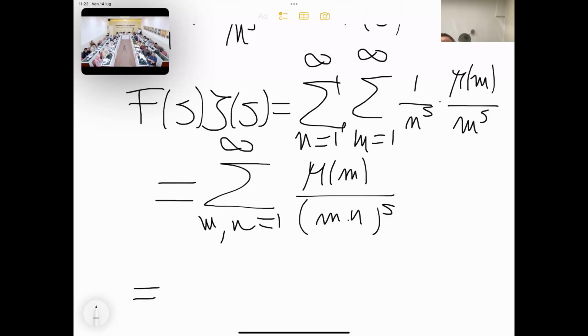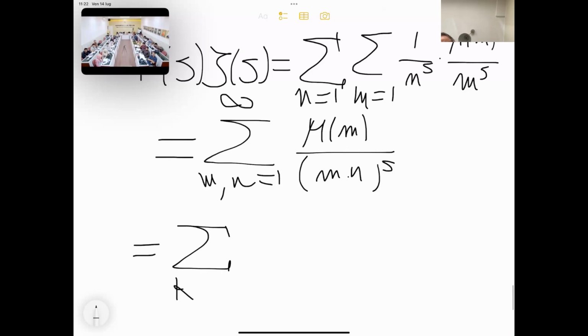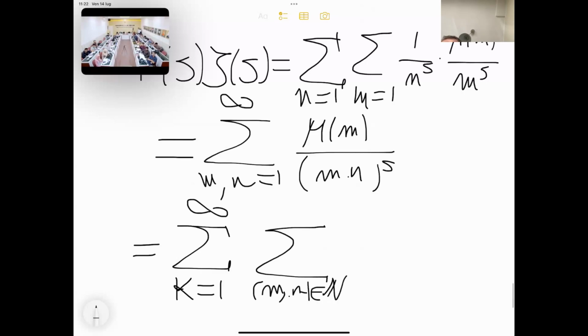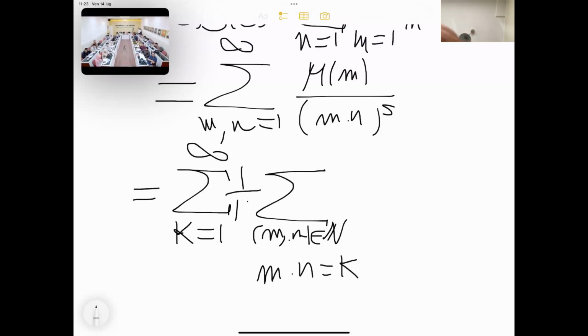This is the sum for k that goes from 1 to infinity, and then the sum over all pairs m and n, so these are all possible natural numbers such that the product is exactly k. And at this point, I can put 1 over k to the s here, and here I have a sum of mu of m.